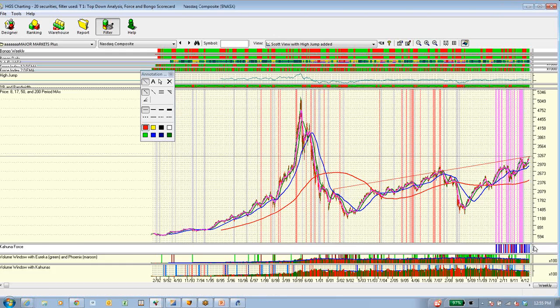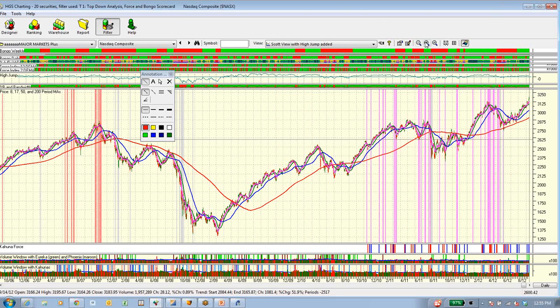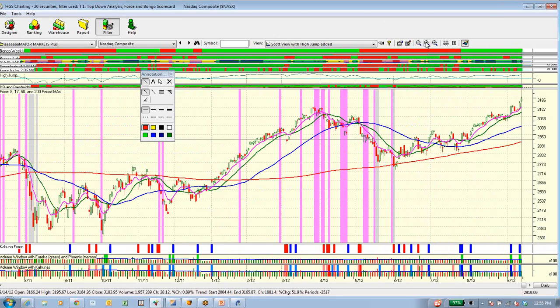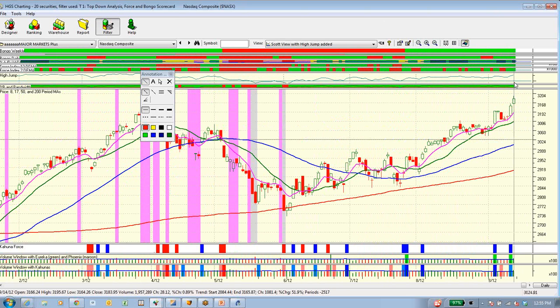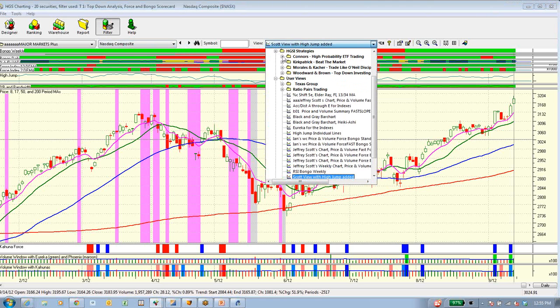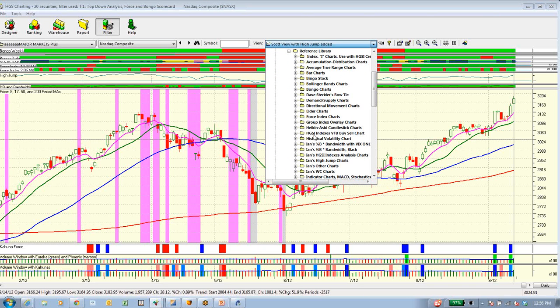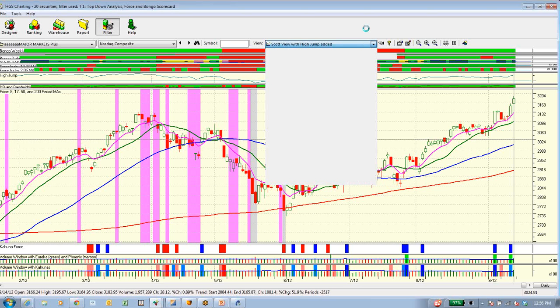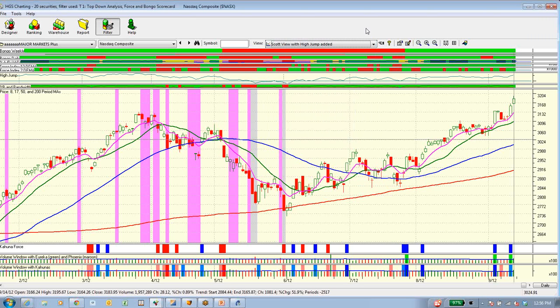When I go back to the daily chart, you probably already saw it saying, but Jeff, what about your high jump? It's already up at the top. And it's not quite maxed out, so we may have room to go. If you don't believe me, just put up any chart, go into the views, go into HGSI strategies, Woodward and Brown, reference library, and then I think it's under Ian's high jump charts, and you can just duplicate this and look at chart after chart after chart.